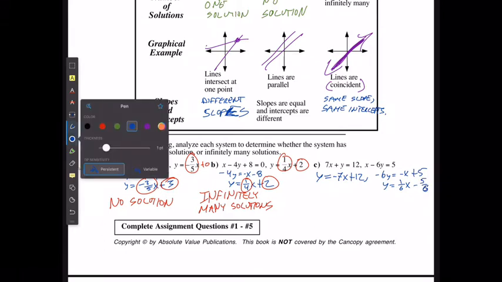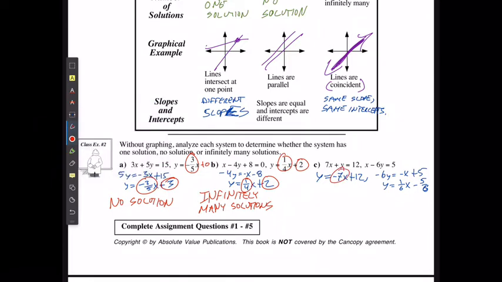And as soon as I see that they have different slopes, I can state that it has one solution. The x-intercepts don't make a difference at that point. It's just based on if it has a different slope, one solution, and we're done.